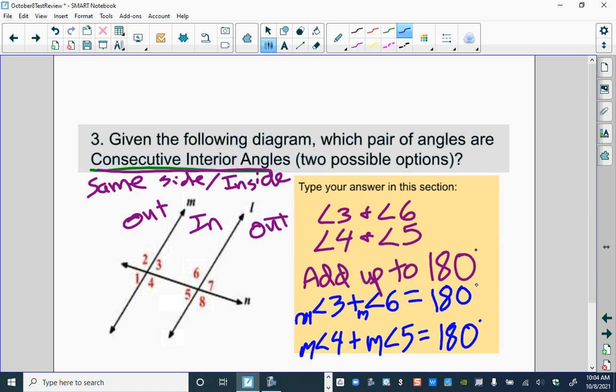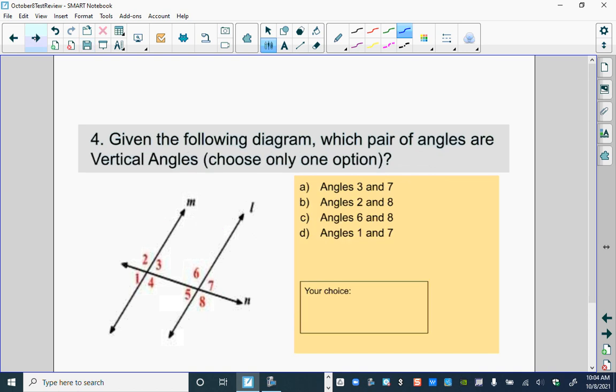All right. What about number 4? Given the following diagram, which pair of angles are vertical angles? There's only going to be one possible option. In the end it is C. Well, why did 3 and 7 not work?